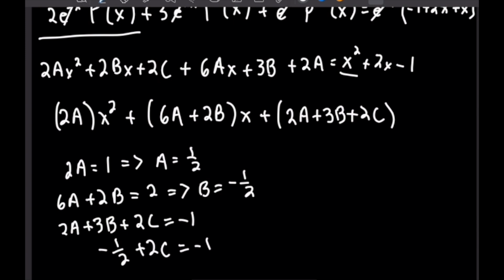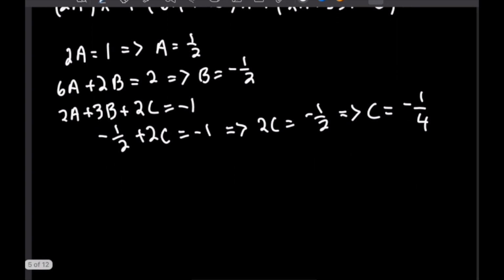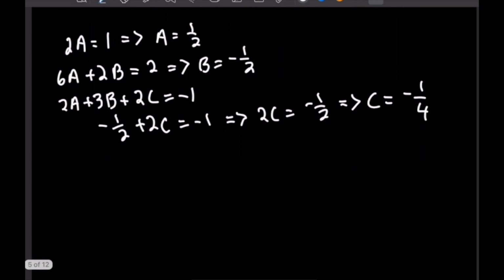So we can add that 1/2 over, and that will give us that 2c is equal to -1/2, which means that c is equal to -1/4. Great. So now let's go ahead and substitute this a, b, and c into our original y sub p.